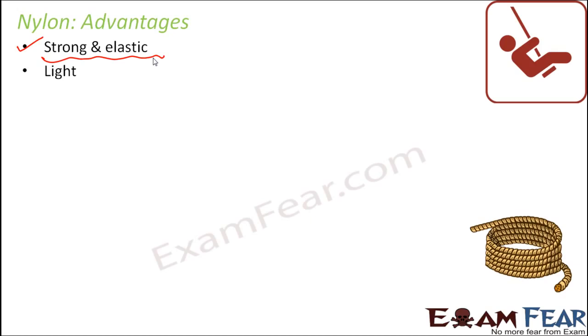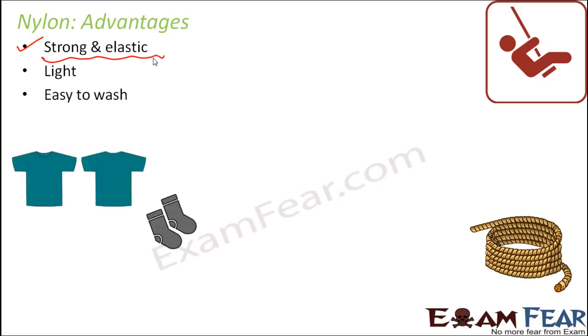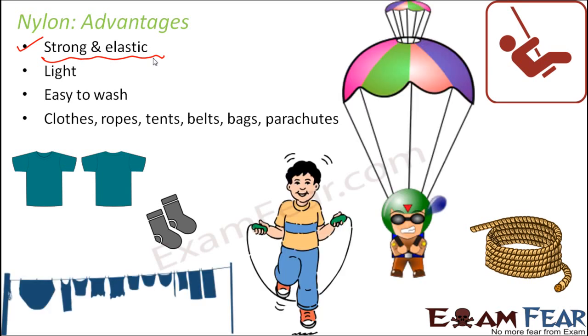Since it is light in weight, it is more convenient to carry from one place to another. It is easy to wash. Nylon is also used for making socks and some clothes, so that way also it is easy to maintain. Clothes, ropes, tents, belts, bags, parachutes. That is the most wonderful example that tells you the strength of nylon.